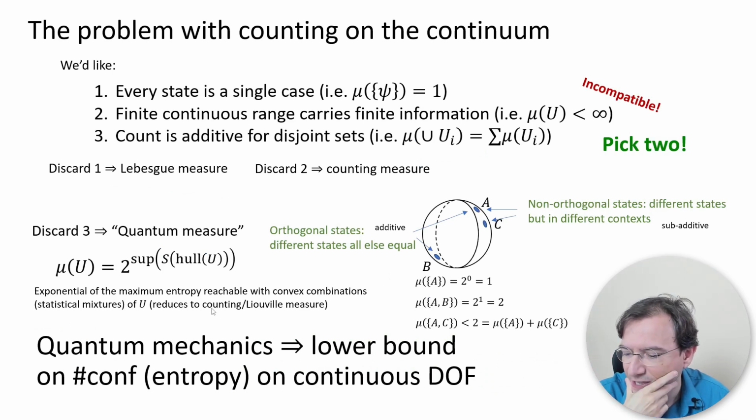And then, of course, how does quantum mechanics fit in all of this? Well, there is a problem actually with what we just said, the idea of counting on a continuum. Imagine that we have a volume in phase space, and you say, okay, this volume in phase space represents 3 states. Very good.